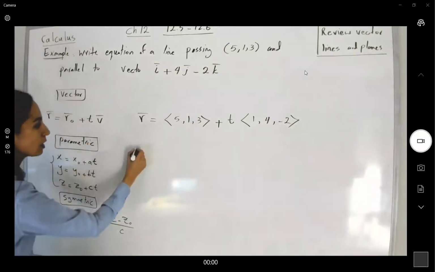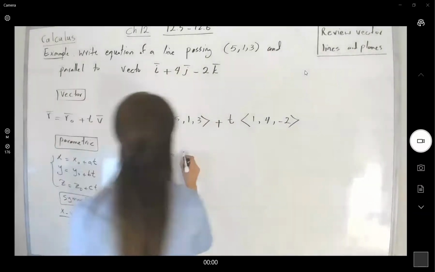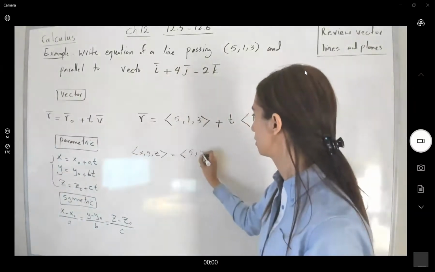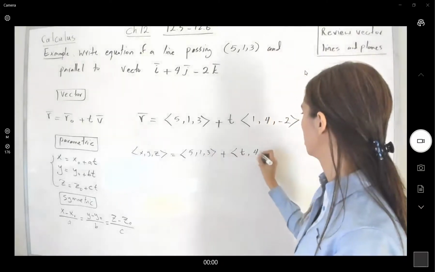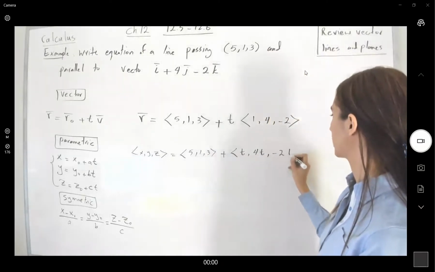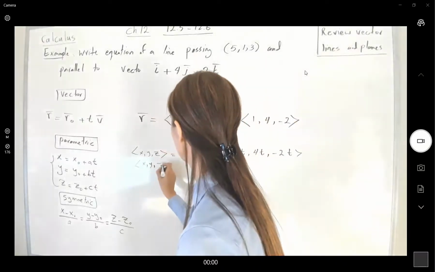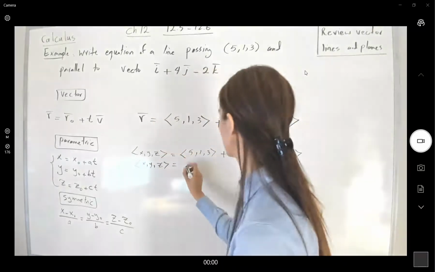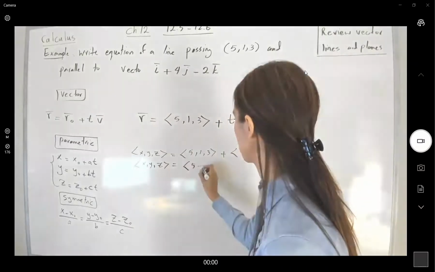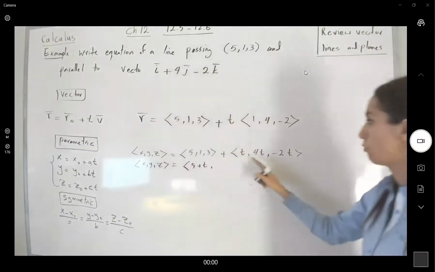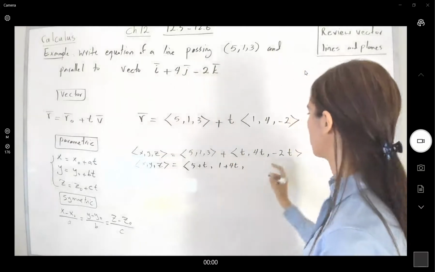Why is that? Because R is X, Y, Z, which is equal to 5, 1, 3 plus T, 4T, negative 2T. So X, Y, Z is equal to 5 plus T, comma, 1 plus 4T, comma, 3 minus 2T.